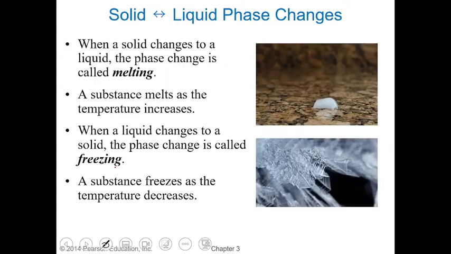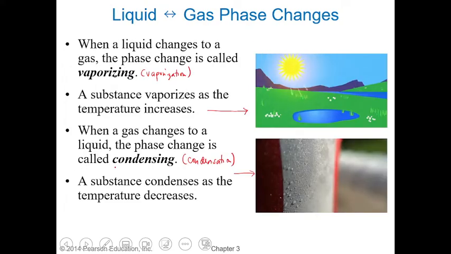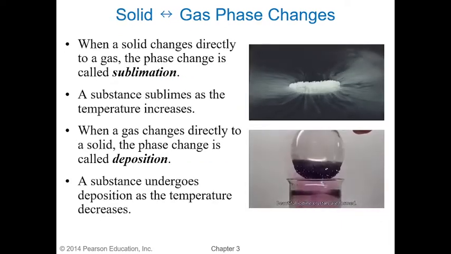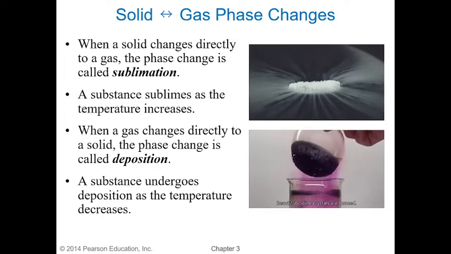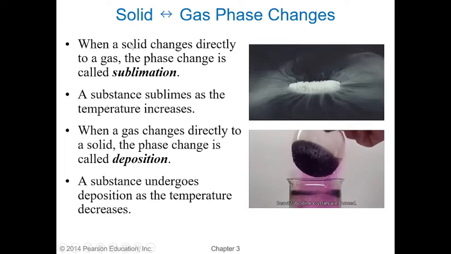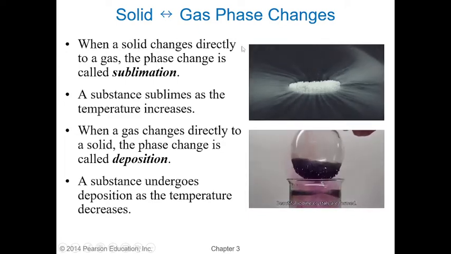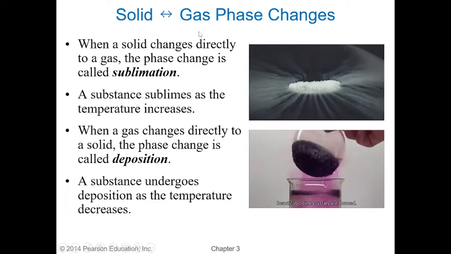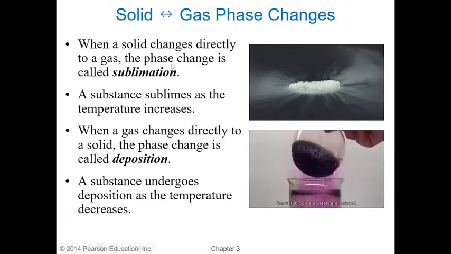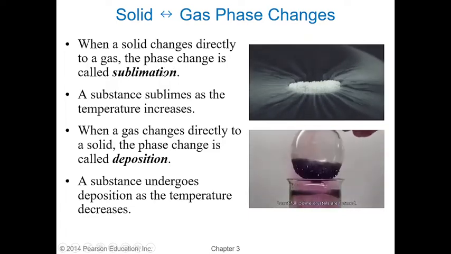So in our first two slides here, we are able to convert solid to liquid and liquid to gas. But is there a phase change involving solid directly to gas or gas to solid? And the answer is yes. This is a direct phase change. As you can see here, it will no longer pass through the liquid state. When a solid changes directly to a gas, the phase change is called sublimation.